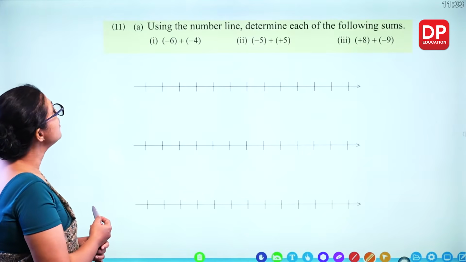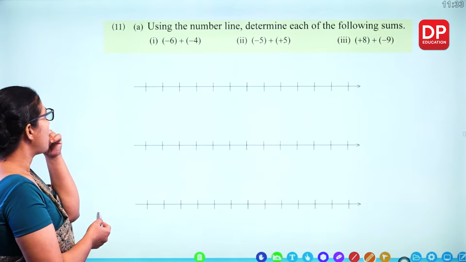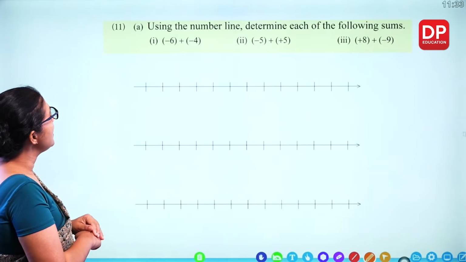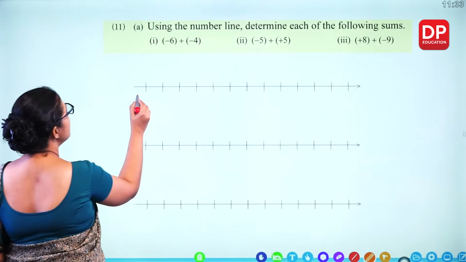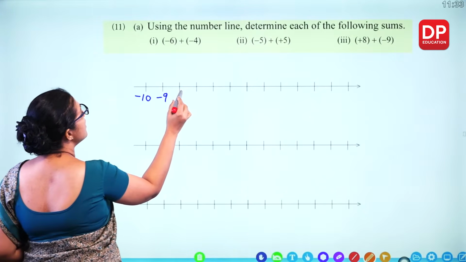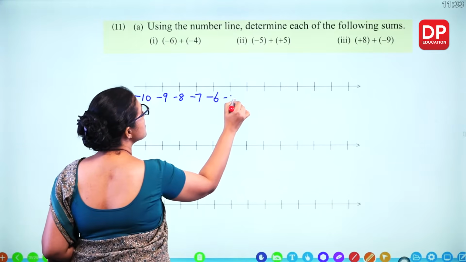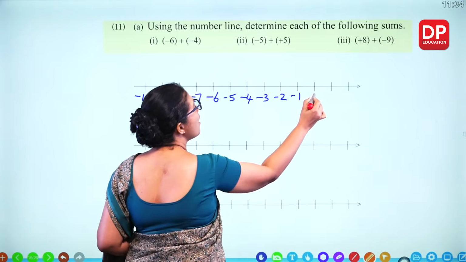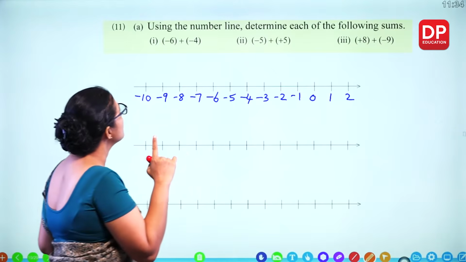Question number 11. Using the number line, determine each of the following sums. -6 and -4 addition. Let's start from -10 here and count up to 2.